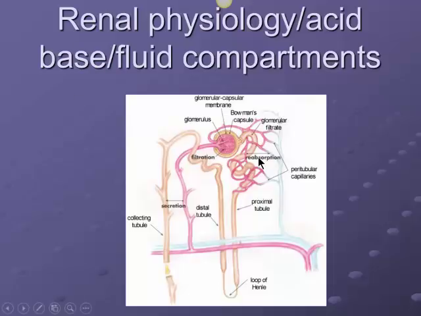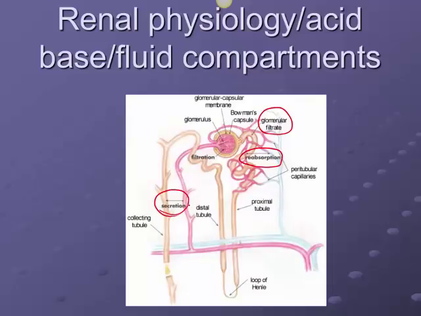So if you look at this, you can see the three processes that take place in urine formation are all mentioned here. The first one is filtration, where you have the glomerular filtrate being formed. Second is what is called reabsorption, and the third you see is secretion.